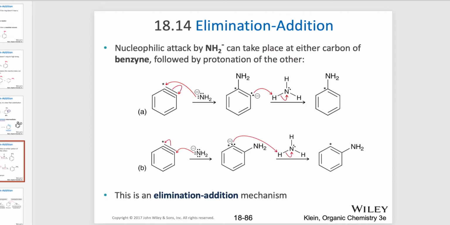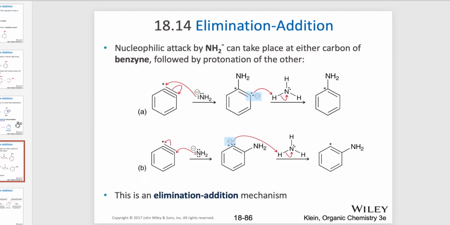This is the nucleophile attacking either here and then locating the negative charge in this position. And then the outcome is, upon protonation, this is run in liquid ammonia, we would get this product. If now the nucleophile attacks in this position, placing the negative charge here, then protonation would lead to this product.